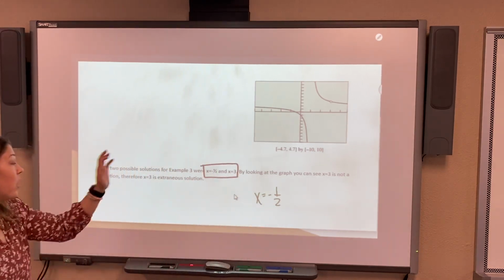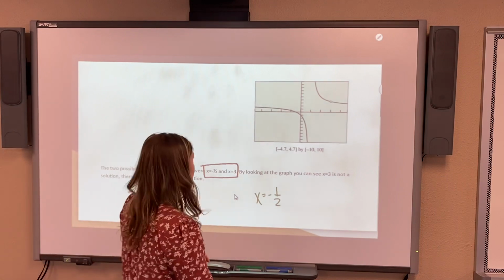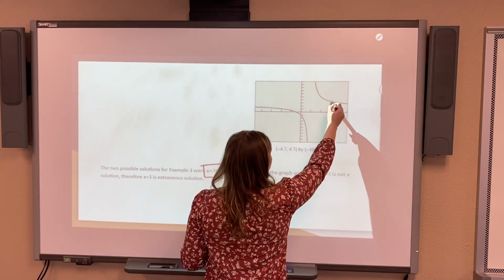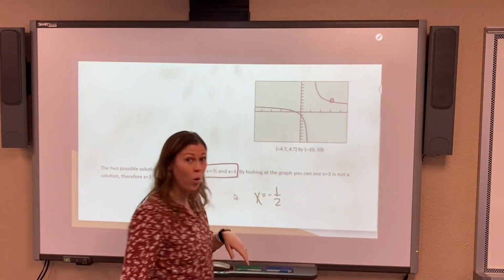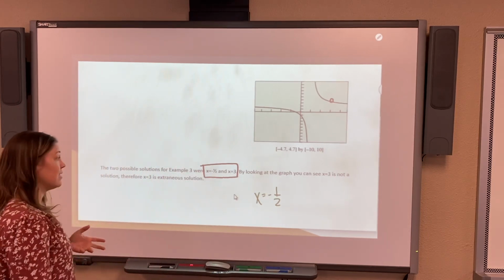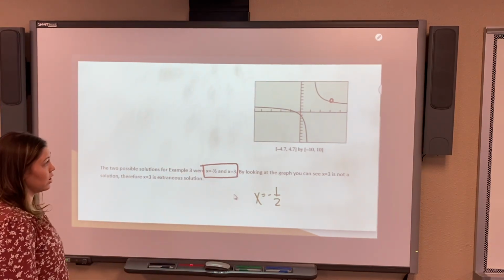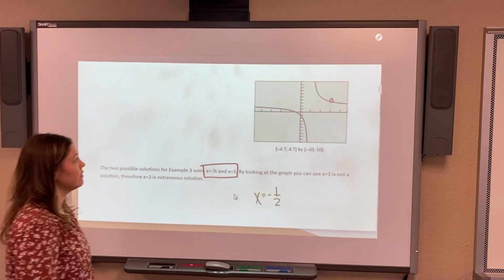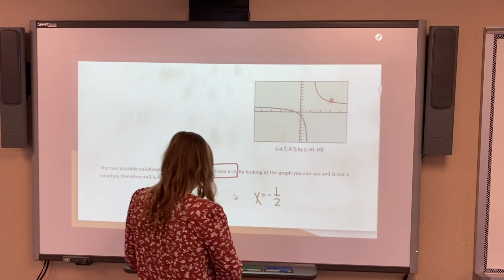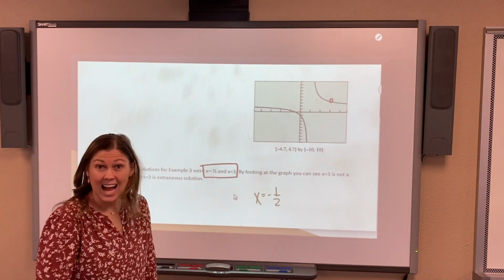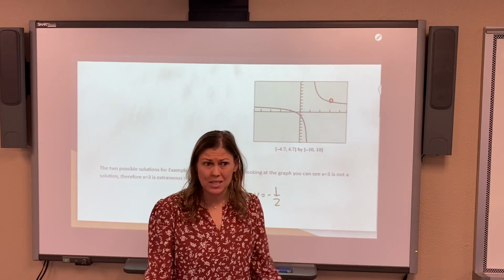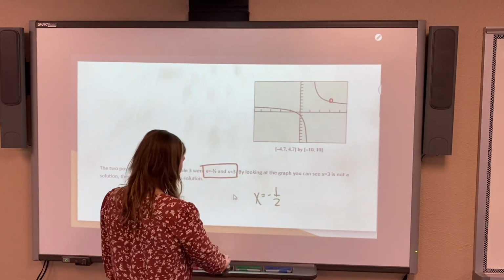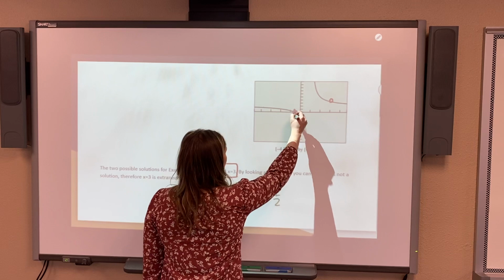By looking at the graph, you can see that x equals 3 is not a solution. So 1, 2, 3, look, it's an open circle there. That's a hole, and that would be your extraneous solution. Cool, I hope that helps.